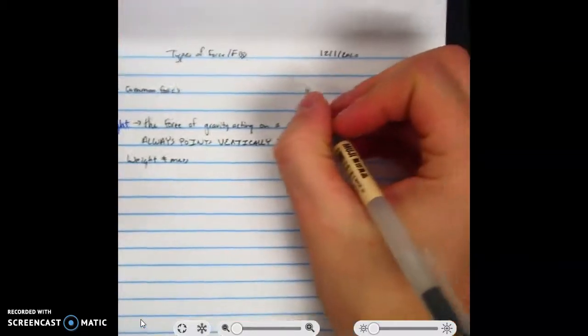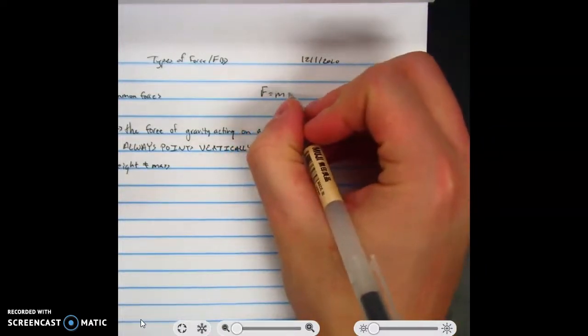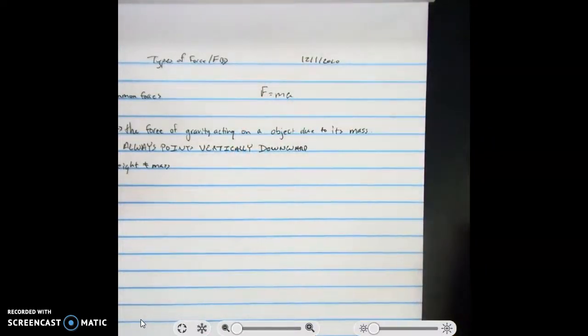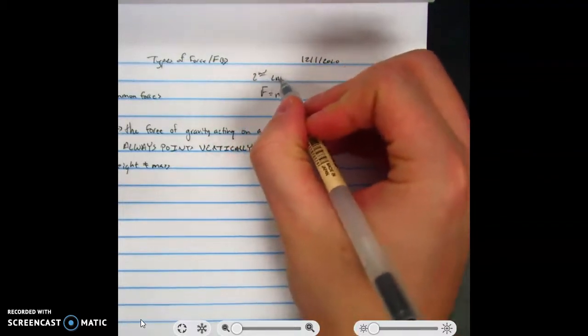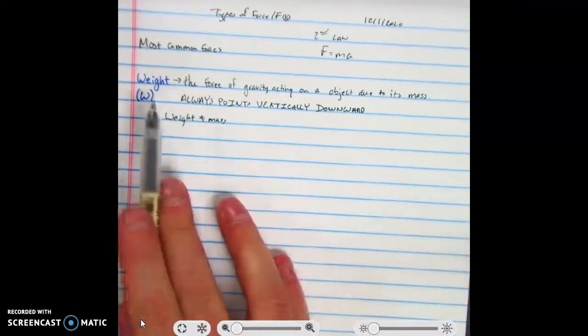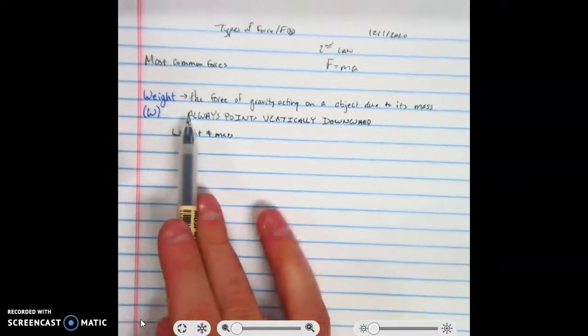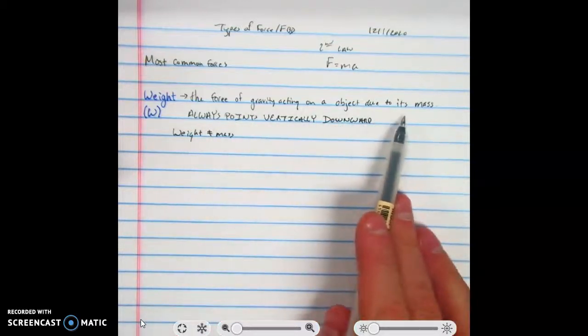If we remember Newton's second law, force equals ma. Weight has its own equation. You can see it in this definition: it's the force of gravity on an object's mass.